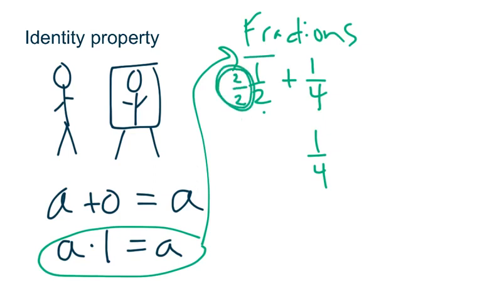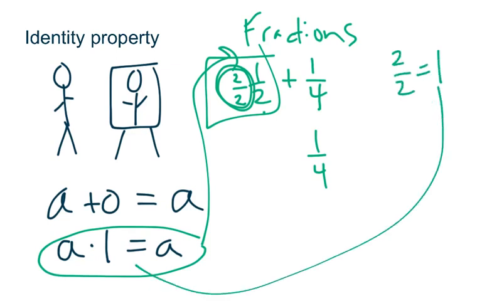Take a look at what we did right here. 2 over 2 is equal to 1. We just did this, but we've disguised it. We've made a costume for our 1/2, and we've made it 2/4, so that way we can add it to the 1/4 to get a total of 3/4. So that's the identity property, and that's one that you've been using for a while now, probably.